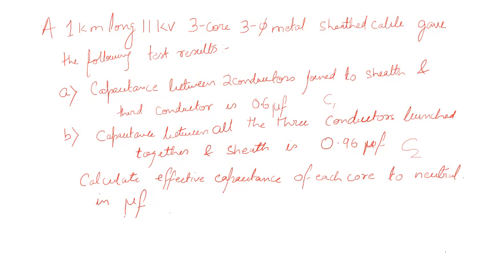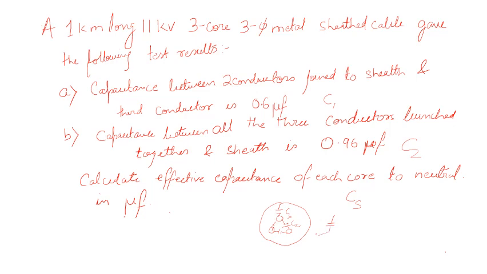So it is actually asking you to calculate CS, to the neutral. If you recall, there was a core here, and the capacitances were in delta connection, and this was our CS. We converted this into star, right?